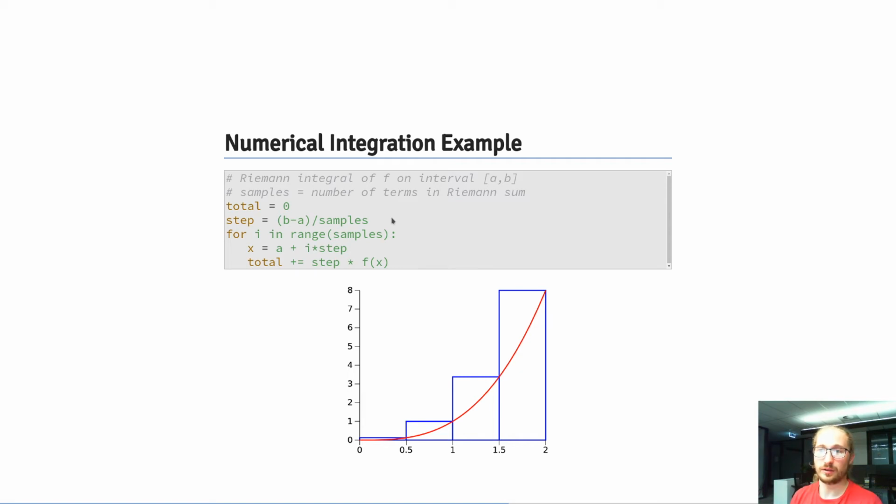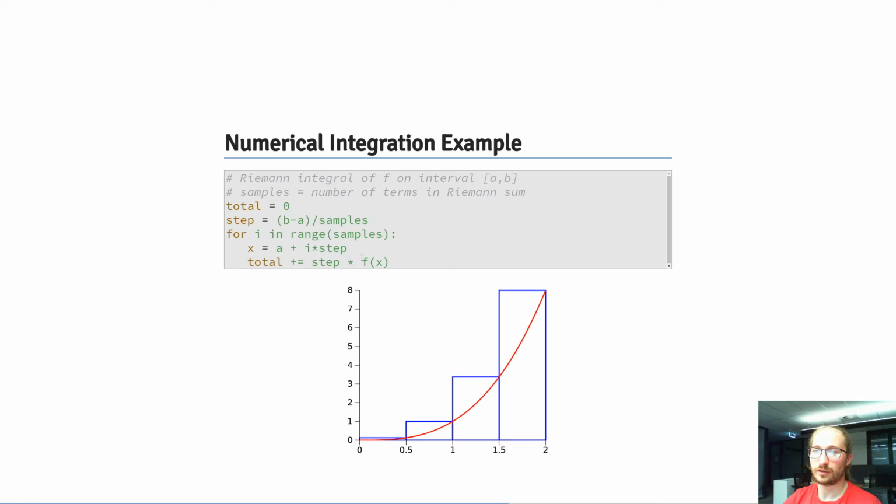And then we basically for loop over each sample. The x value, corresponding to where the rectangle is going to be, is the left-hand side of the interval, which is a, plus i times the step, where i is the number of rectangles so far. So that will tell me how many rectangles forward we're doing.